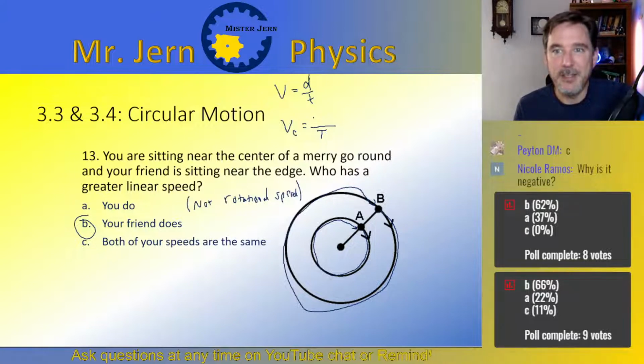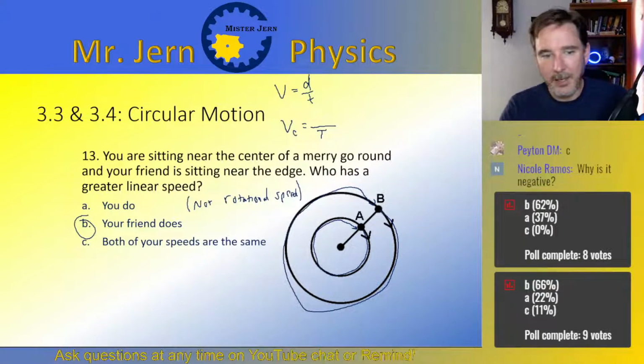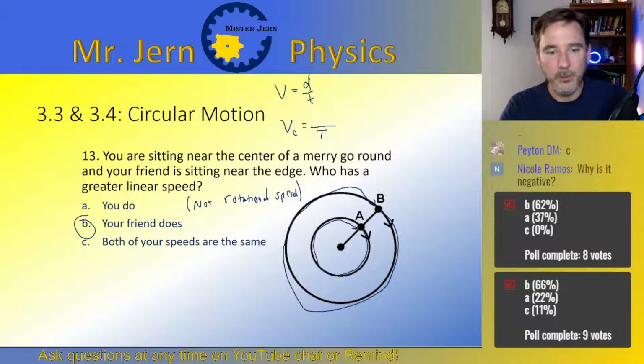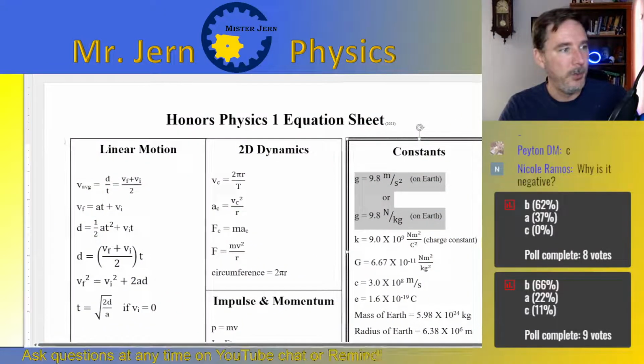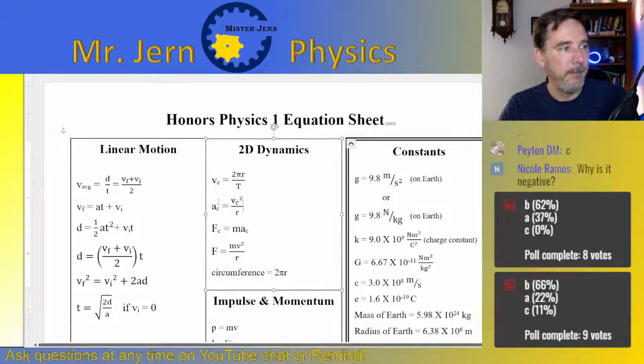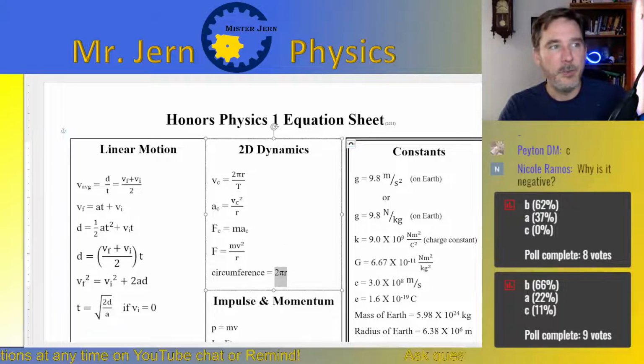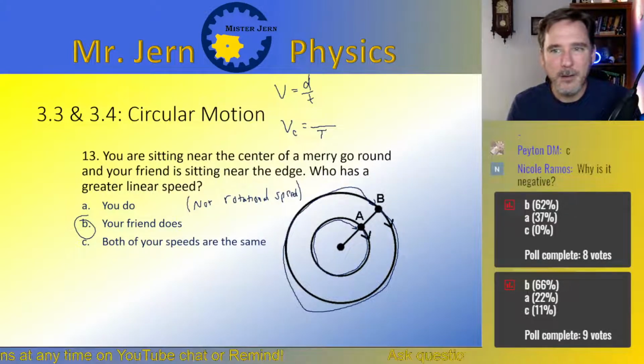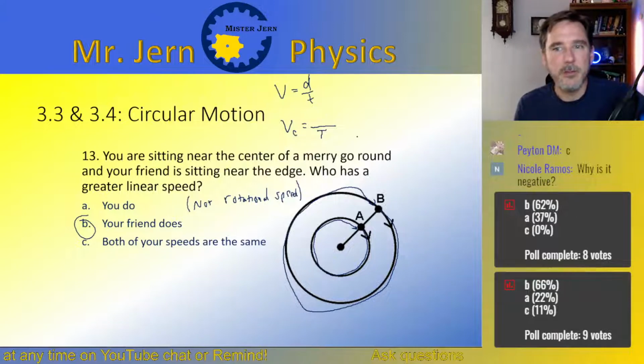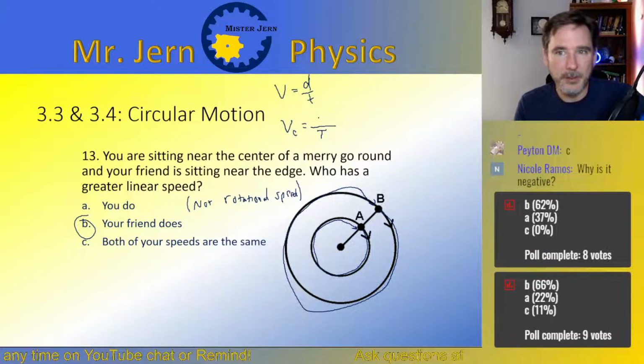And if you remember the equation, it's 2 pi r on the top of the fraction. Why? Because the circumference of a circle is 2 pi r. Why does that matter? Because the circumference of a circle is the distance you're traveling, 2 pi r.